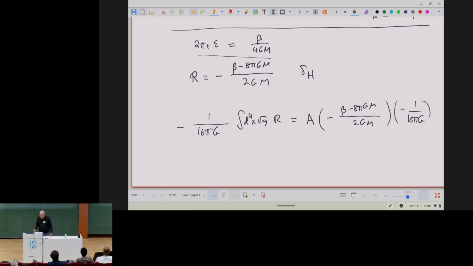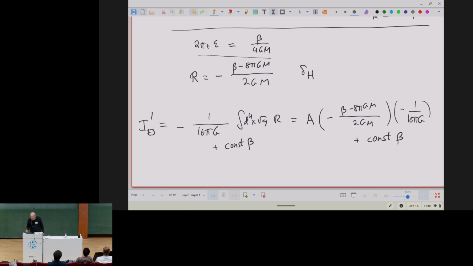So finally, this is the complete action, up to a constant times beta, you see. There were some terms proportional to beta that we didn't compute because we knew they couldn't contribute to the entropy, since they were proportional to beta. Now we computed the contribution of the horizon to the action.